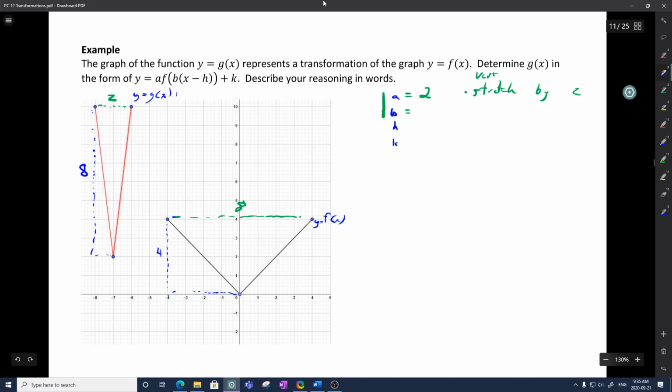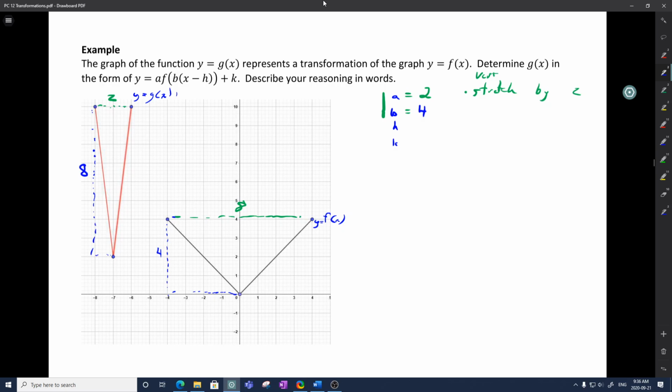Now, for B, horizontally, we went from 8 to 2. In other words, what is B? B is 4.